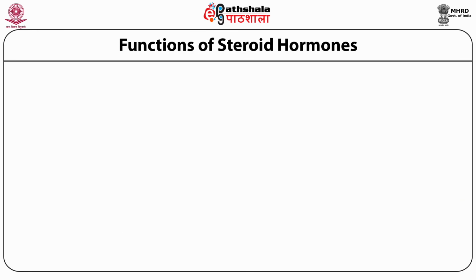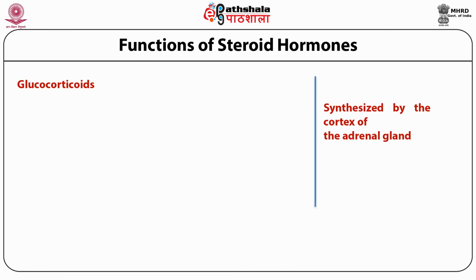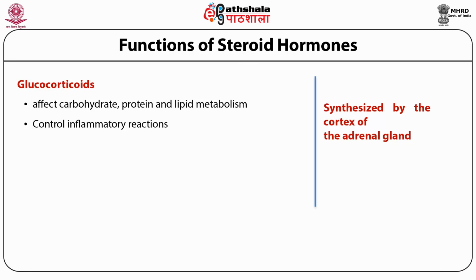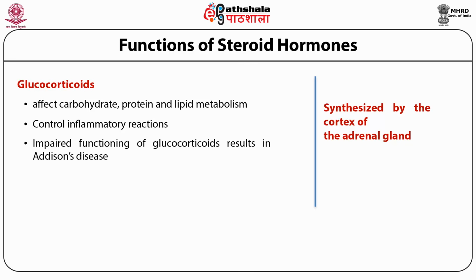So let's have a look at the different functions that these steroid hormones perform in the human body. Glucocorticoids are synthesized by the cortex of the adrenal gland. They affect carbohydrate, protein, and lipid metabolism. They control inflammatory reactions, and impaired functioning of glucocorticoids results in Addison's disease.